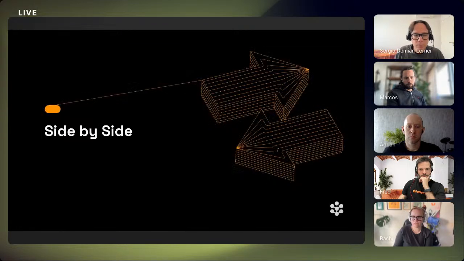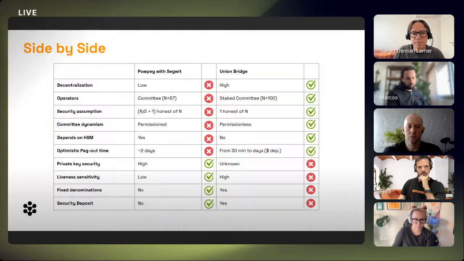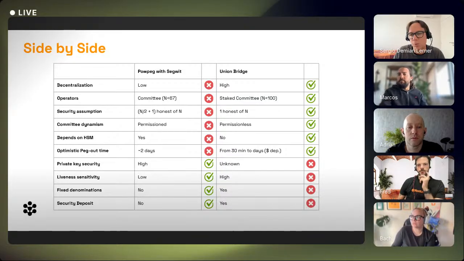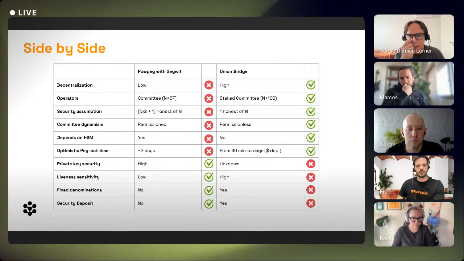Next. So let's do a side-by-side comparison, a very quick one. So why is it so important for us to switch to this new bridge? We get a lot more decentralization. The fact that it's permissionless is completely new to Bitcoiners, that you can create a permissionless bridge.